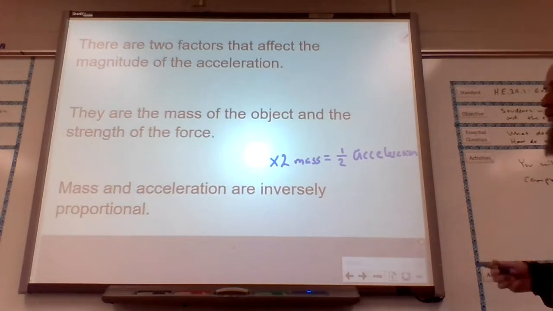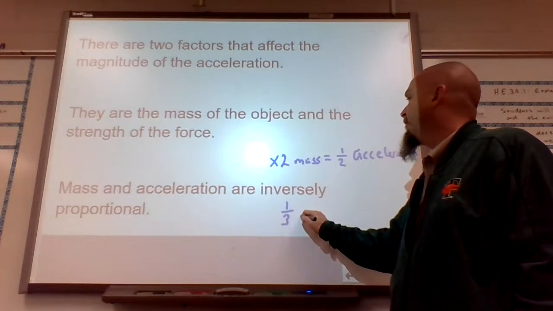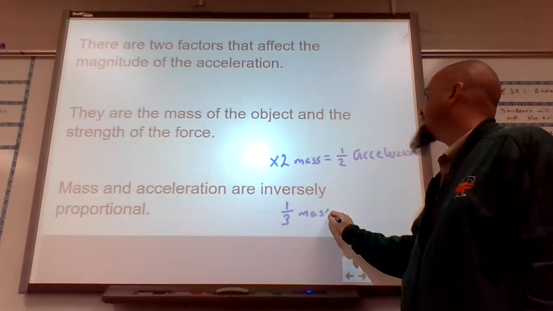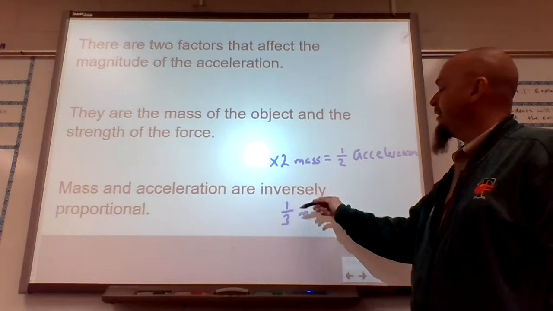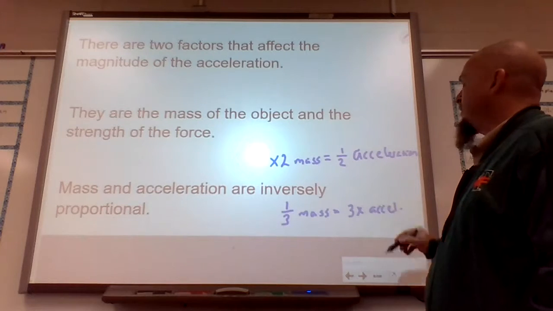They're inversely proportional. What you do here, you do the inverse over here. So if I have 1/3 the mass, my acceleration will be the inverse of that, or 3 times the acceleration.